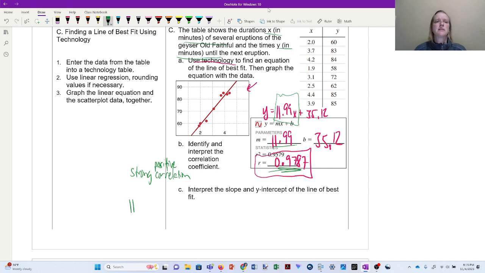So what this means is that there's 11.99 minutes of wait time until the next eruption for every 1 minute of eruption.